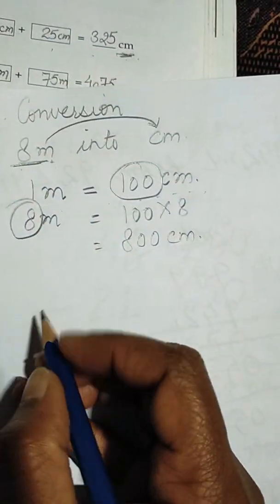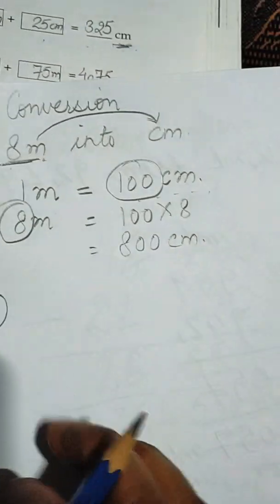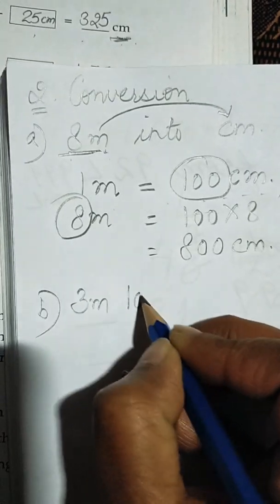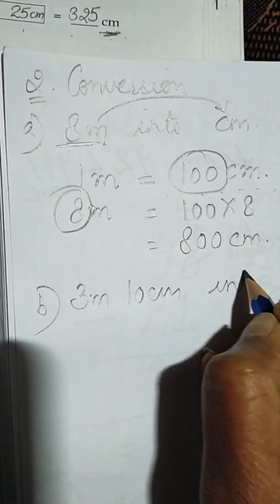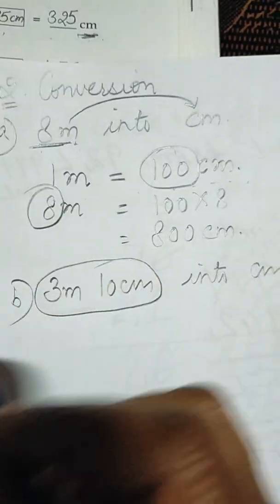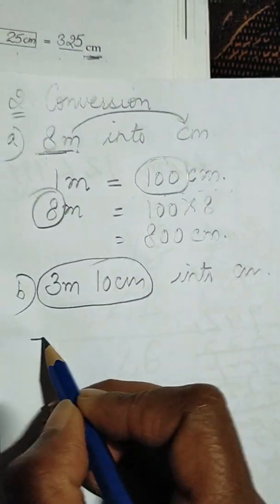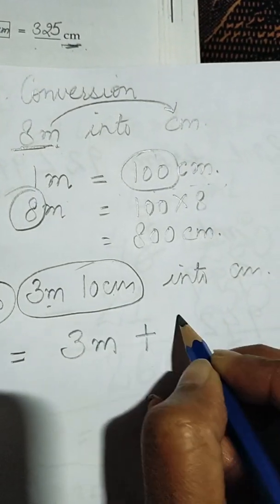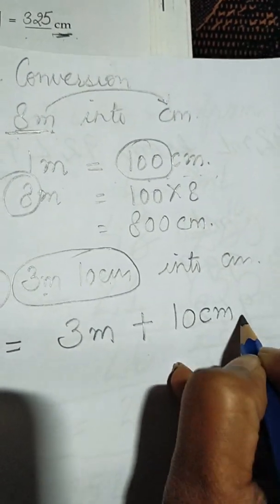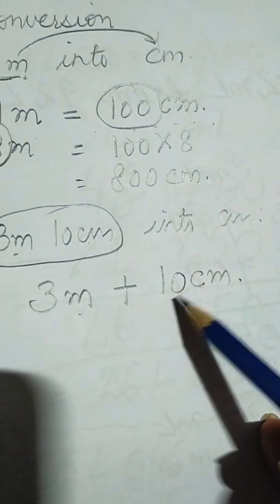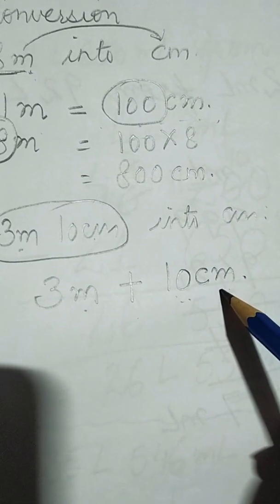Now B part is there. In this B part, 3 meter 10 centimeter into centimeter. Now this statement we have to convert into centimeter. There are two parts, so we will write 3 meter plus 10 centimeter. Now 3 meter will be converted into centimeter and this 10 centimeter is already in centimeter.